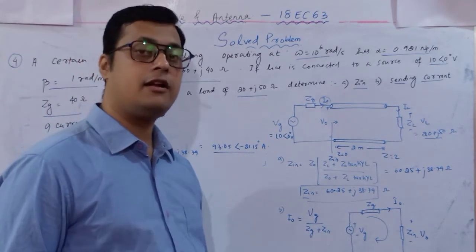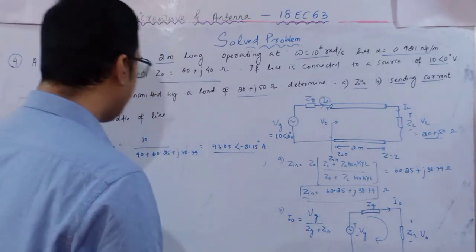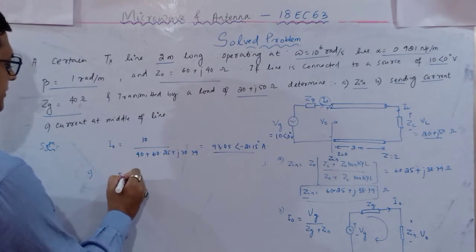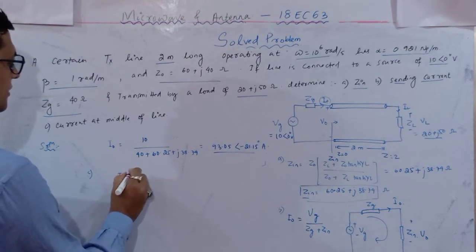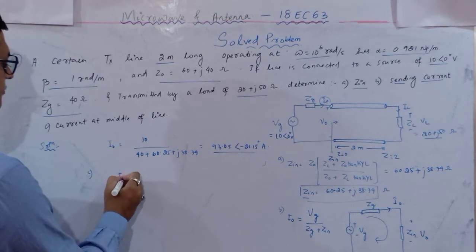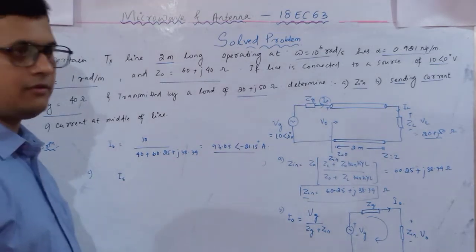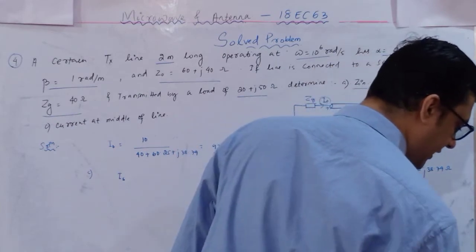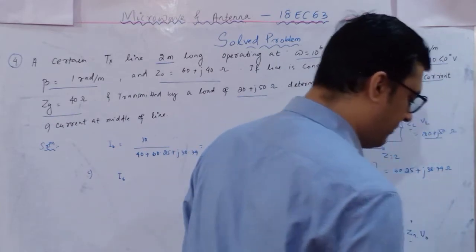Now how to calculate at the middle of the line? For that we have a relation for Is(z). Most probably you people know how to calculate this current at the mid part.